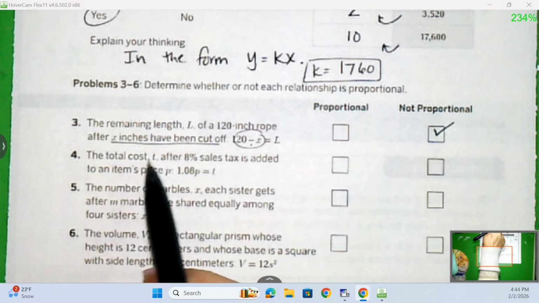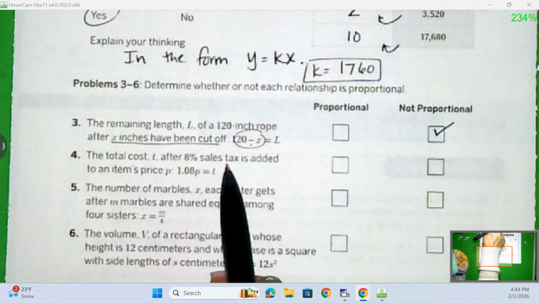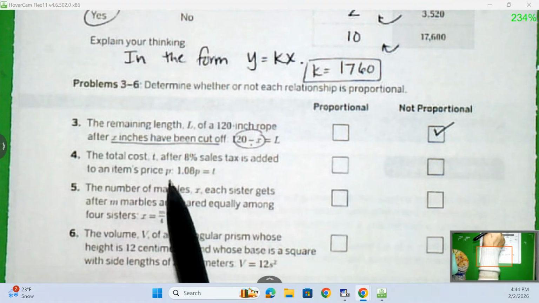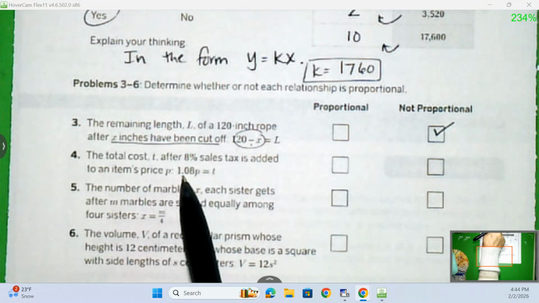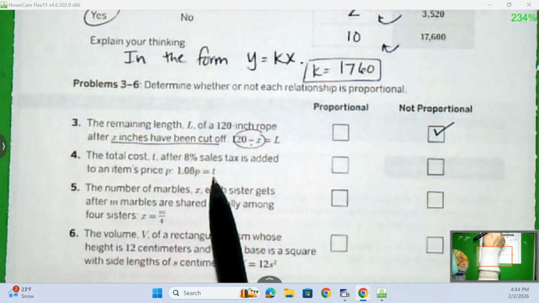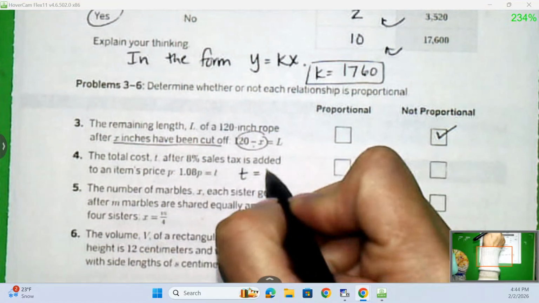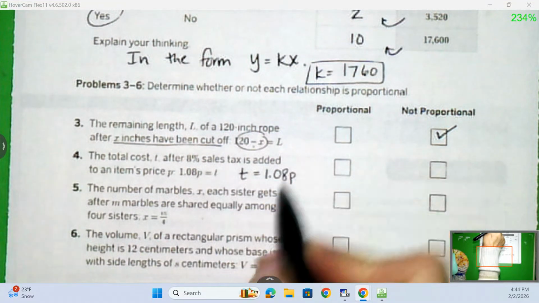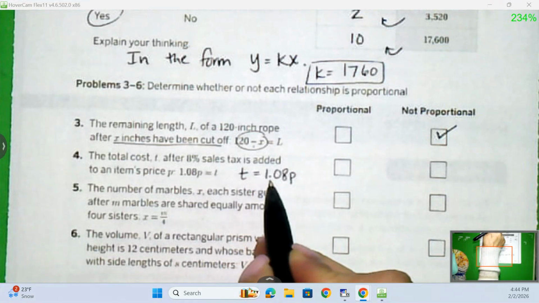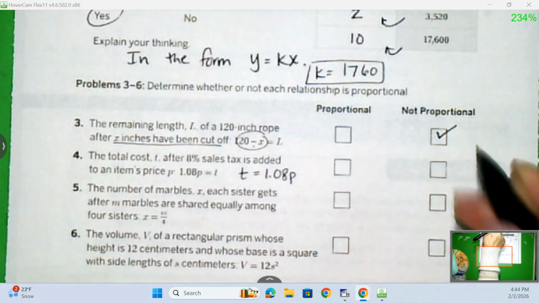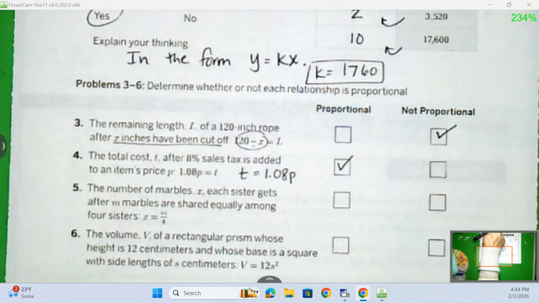The cost T after 8% sales tax is added to an item's price, p. So 1.08p equals T. And if I rewrote that, T is also equal to 1.08p. So we have y equals kx, the format. So that one is proportional. All we did was read it this way.